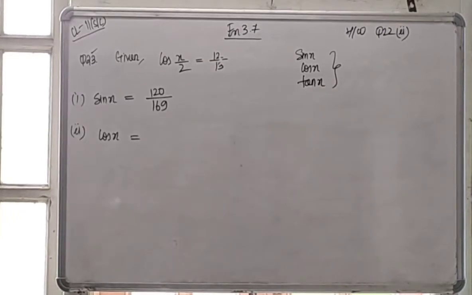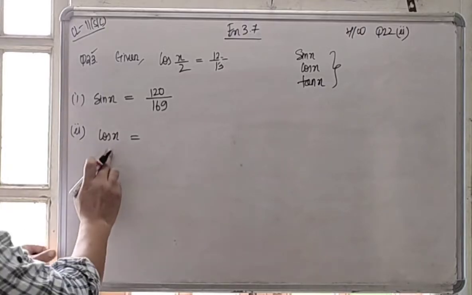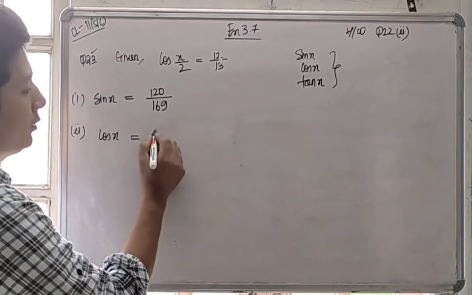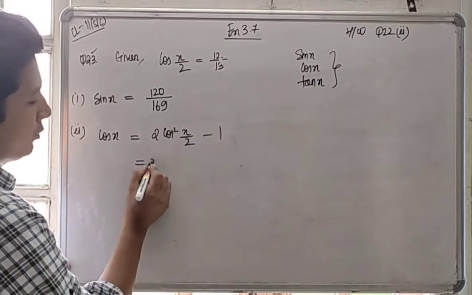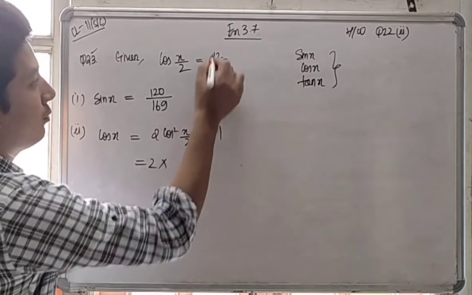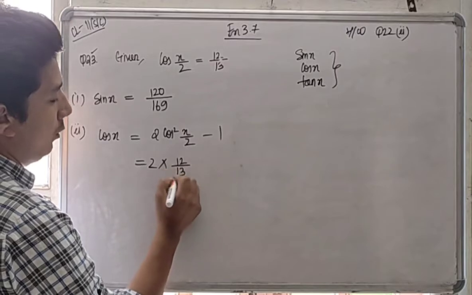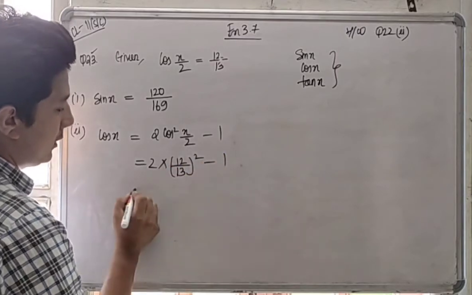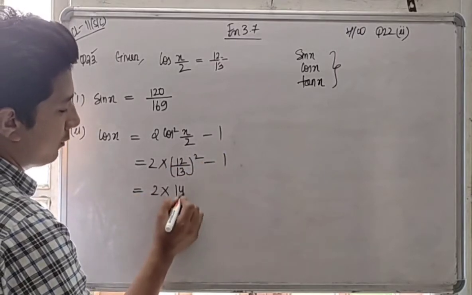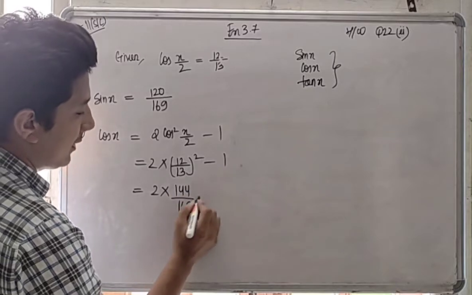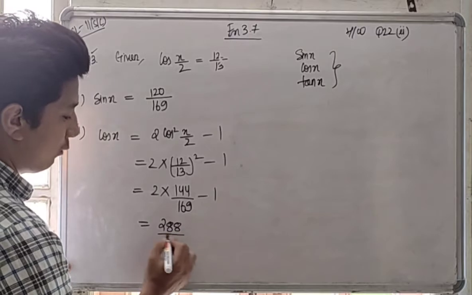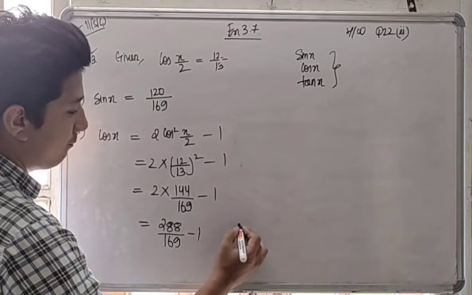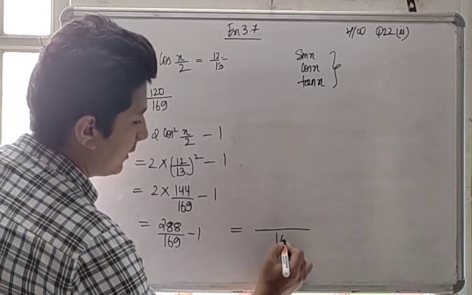Alright, the next one is cos x. So the formula for cos x in submultiple angles was 2 cos square x by 2 minus 1. So 2 into cos x by 2, which is 12 by 13, whole square, minus 1. Therefore this is 2 into 144 by 169 minus 1. So this is 288 by 169 minus 1. Please take the LCM as 169.